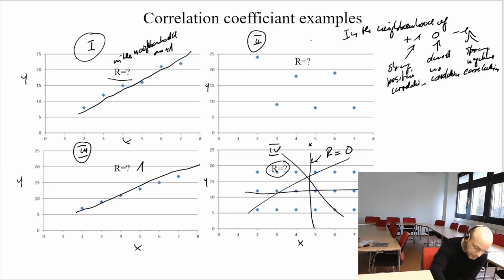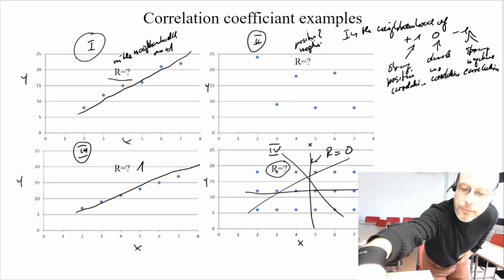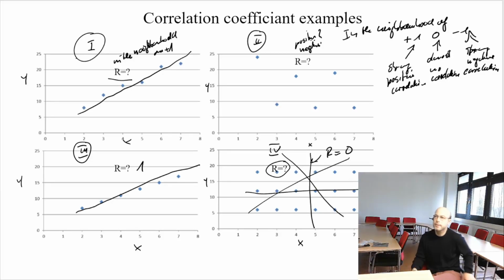Also here, positive or negative? What do you think? You can really do it by eye: if you would draw a line by eye through these data points, would this line have a negative or a positive slope? What do you think?